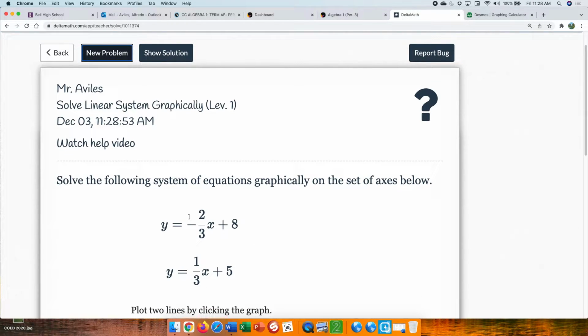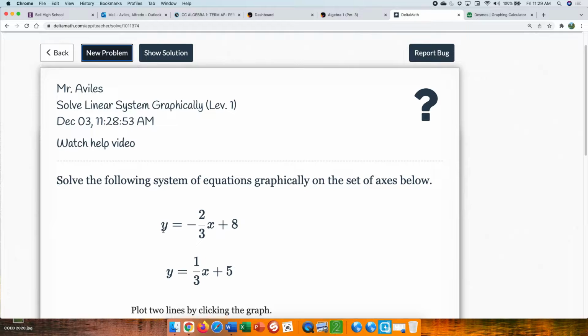Does everybody agree we've graphed lines already? Okay. And when you see the equation of a line or a linear equation, you want it to be in this form. Yes, it has to be solved for y.